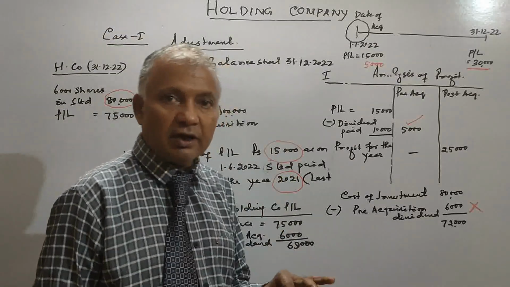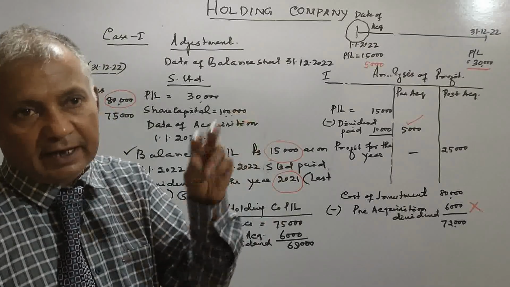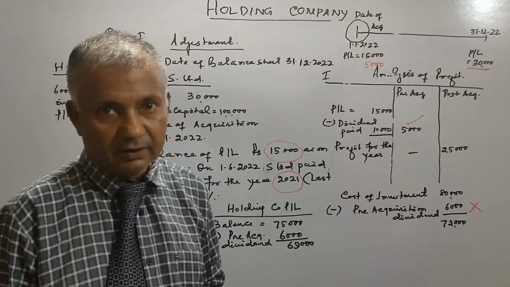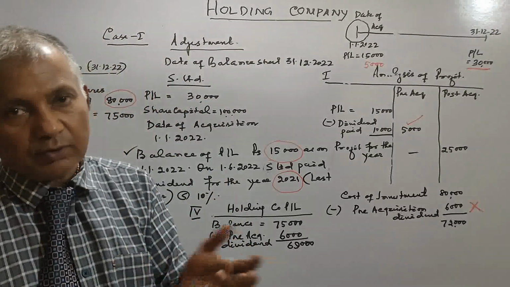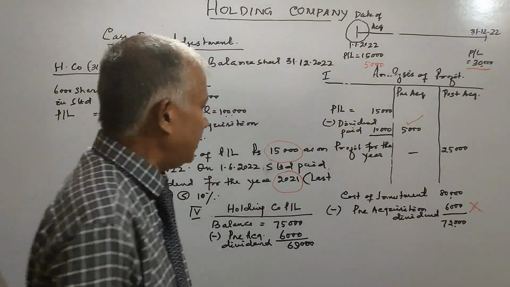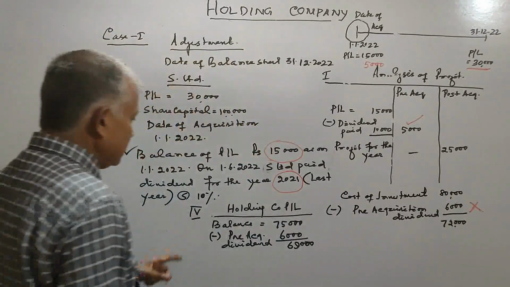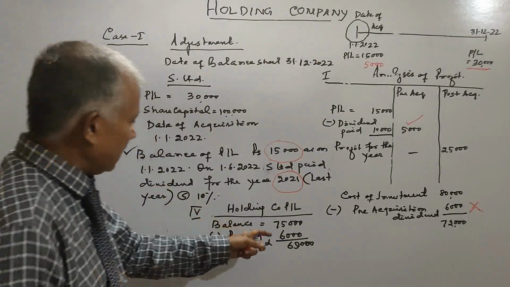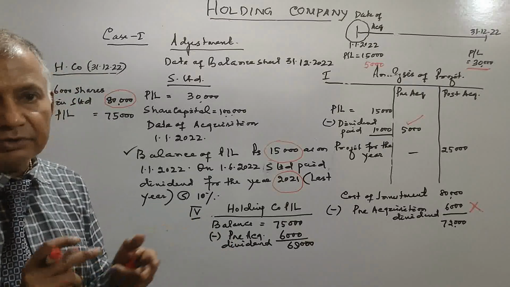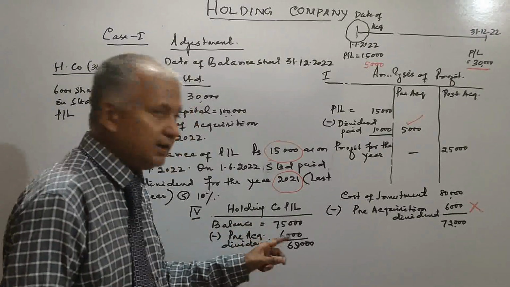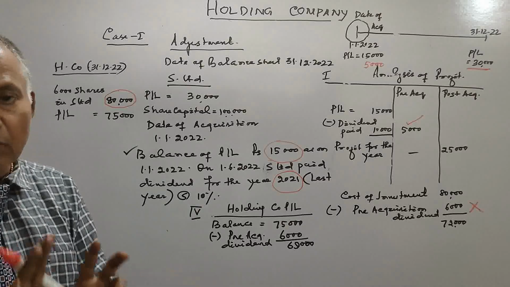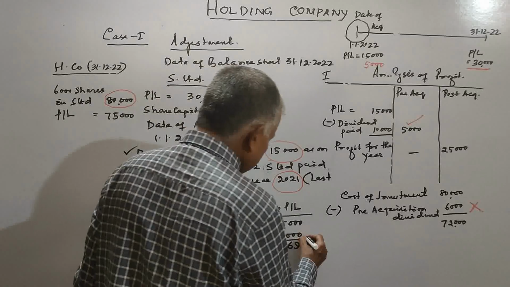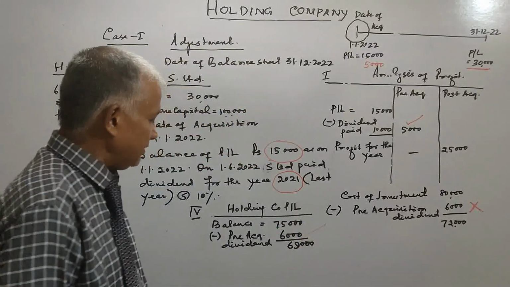If it is not correctly entered by the holding company, rather it is wrongly credited to the PL of the holding company, in such a case the holding company PL was, for example, 75,000. The 75,000 includes the 6,000 because it was credited to the holding company PL. Now we will deduct 6,000 from 75,000.